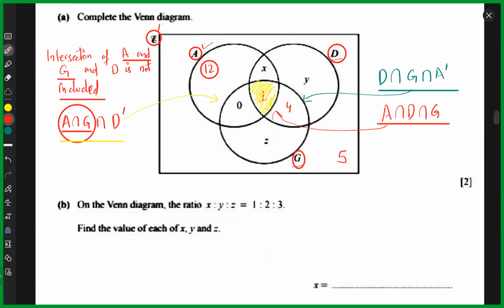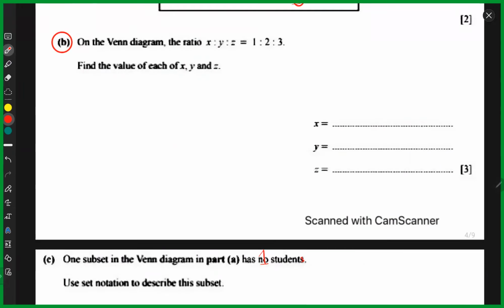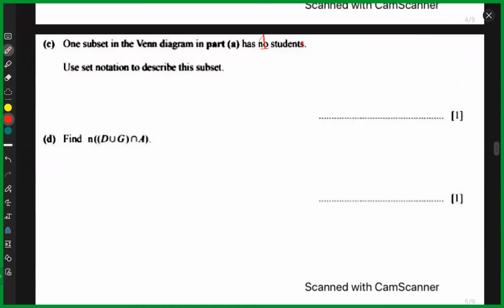So this part would be done later once we talk about this chapter that we were studying. And then, okay, this part. Find the number of elements that we would have in this part of the Venn diagram. So step 1 is to see what exactly they are talking about at this point.